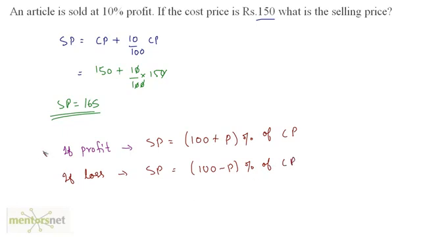So these two formulas are basically derived from this thing. Even if you don't remember them, you don't have to worry. Selling price is equal to cost price increased by its percentage in case of profit, and in case of loss, selling price is equal to cost price decreased by its percentage. So that's what we have here.